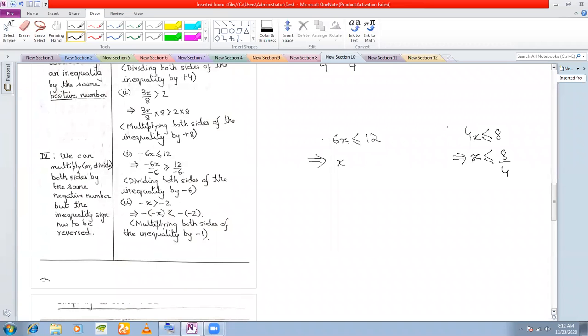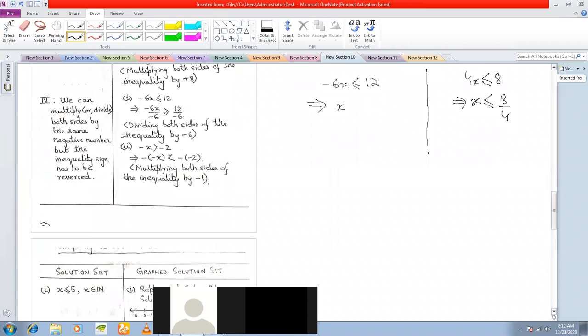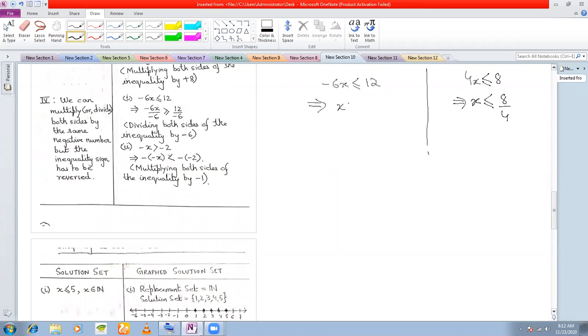Now see what happens here. If you are doing things directly, then for minus 6x less than or equal to 12, just like I had done on the right-hand side, you write x less than or equal to 12 by minus 6. That means you get x less than or equal to minus 2.